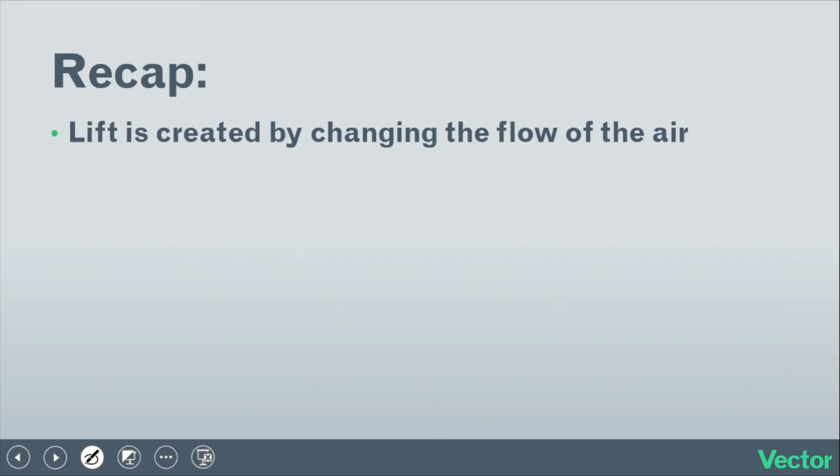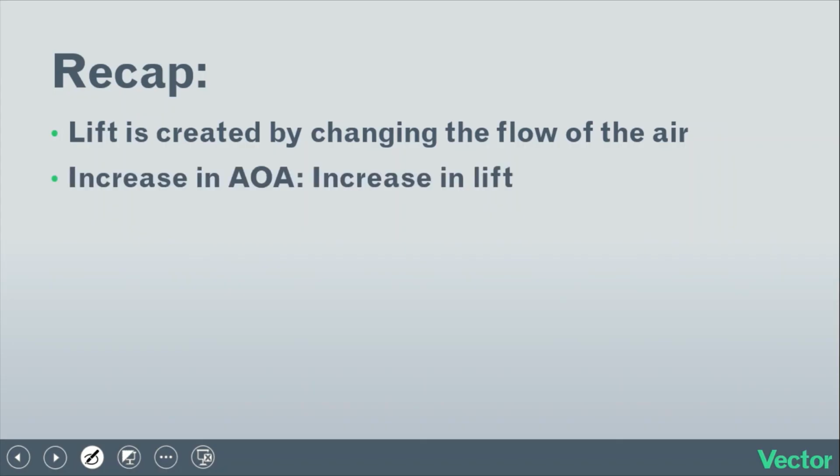So we could say that lift is created by just changing how the air flows. The more we increase the angle of attack, the more we increase lift, because we increase the effects of both Newton's third law and that area of low pressure. So we increase the pressure differential, and we increase the extent to which the air gets directed downward. Both of those forces increase, so we increase lift with an increase in angle of attack.